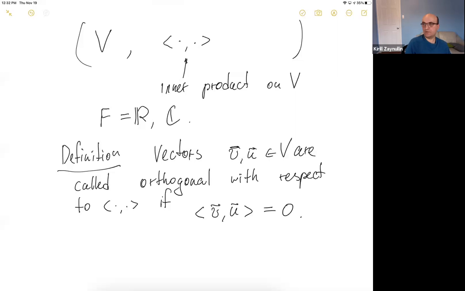And this is the standard definition, right? Like in first year linear algebra, 2 vectors are orthogonal if and only if the dot product is 0. And the dot product is an example of an inner product over real numbers.